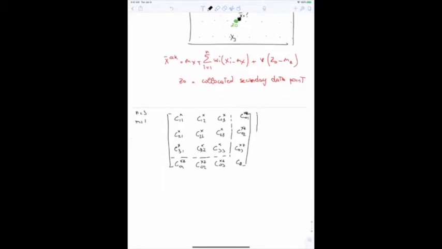Okay, and then here you have the weights W1, W2, W3, and V.